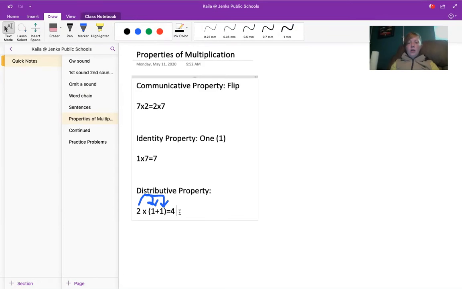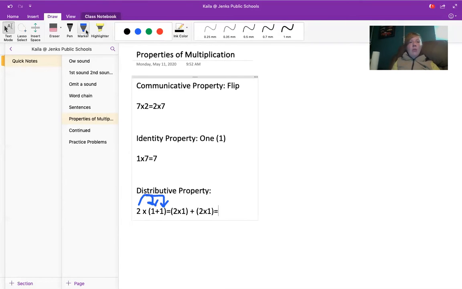So it'll turn into 2 times 1, and we're going to recreate our groups plus 2 times 1. You see how 2 goes into 1, so we do 2 times 1, and that makes a different group. And then 2 goes into the other one and makes the second group. So we do 2 times 1 plus 2 times 1.